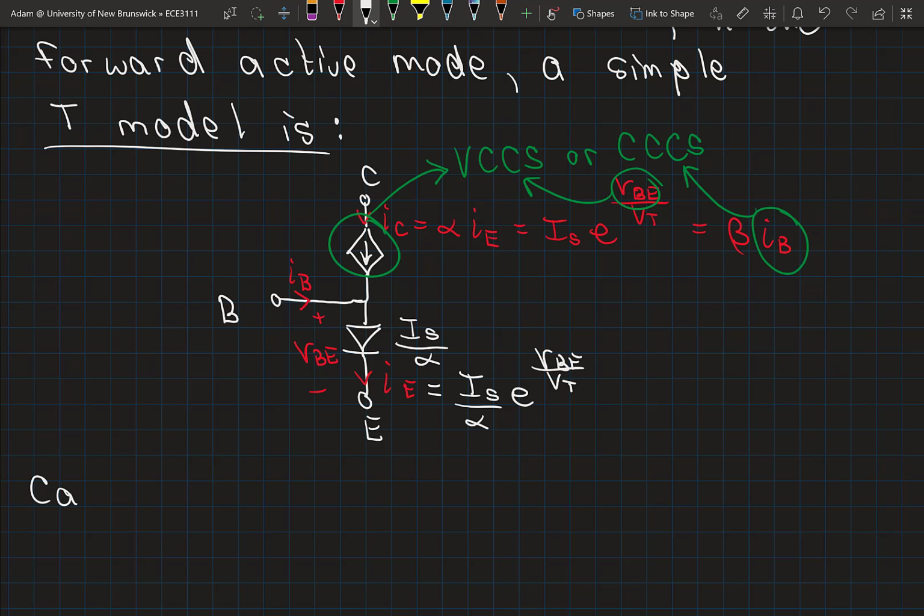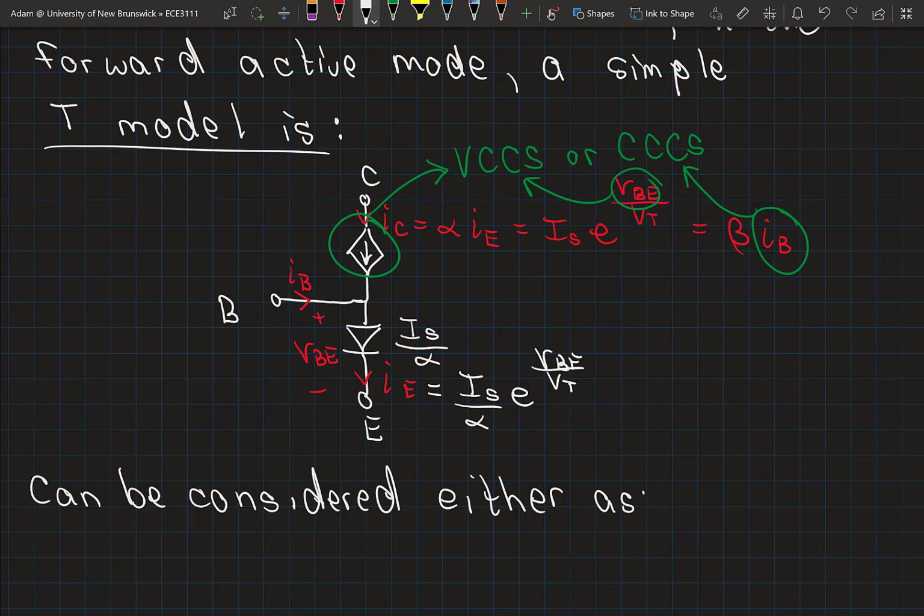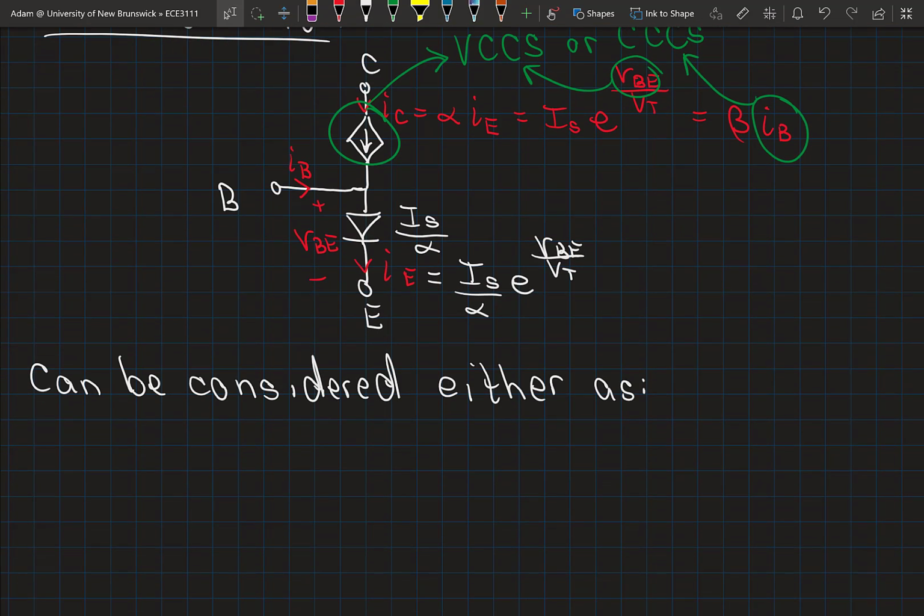And as I said, this can be considered as a voltage controlled current source or a current controlled current source.